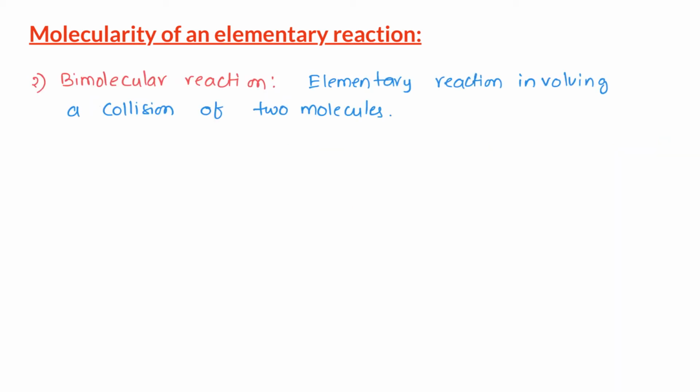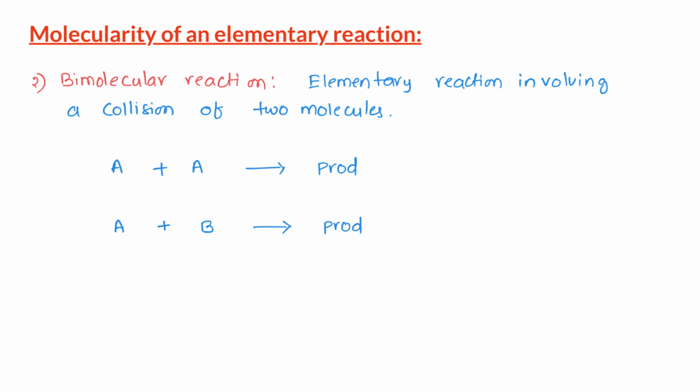If an elementary reaction involves collision of two molecules, then it is called a bimolecular reaction. The two molecules colliding can be of the same type. For example, A plus A gives products, or the two molecules colliding could be of different types. For example, A plus B gives products.